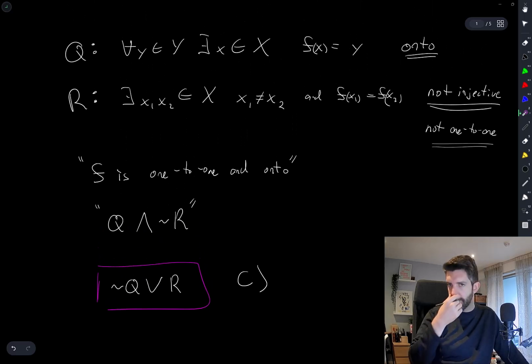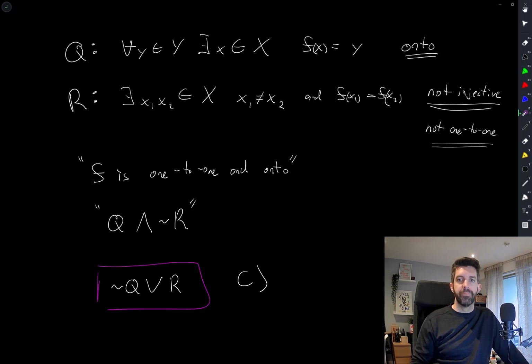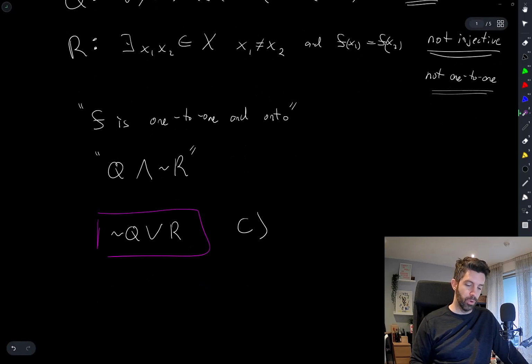Yeah, so this question tests a couple of things. It tests whether you can make a precise, let's call it a set theoretic, statement which is equivalent to a function being injective and surjective. And then it also tests whether you can work out the logic of how to take a logical negation of a logical statement like this.